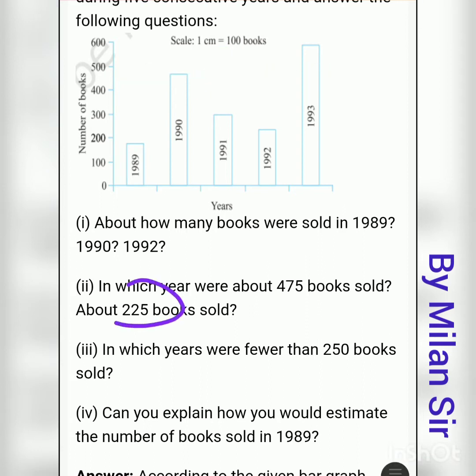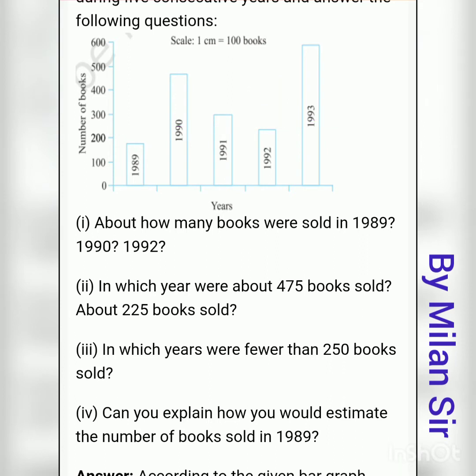And if we talk about the 225, so near about 200 and 200 to 300. So if we draw this straight line, it is approximately near about 1992. Here this is not a straight line, that's why this problem arises.